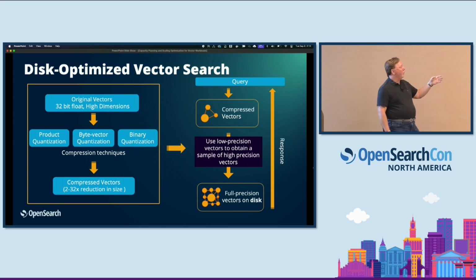So when we query, we first query against the compressed vectors, and then we oversample the neighborhood and then rescore based on the full precision vectors that we retrieve from disk. So on disk, again, preserves a lot of the accuracy, but reduces the RAM need by reducing the bit count of the vectors in the graphs. Okay?